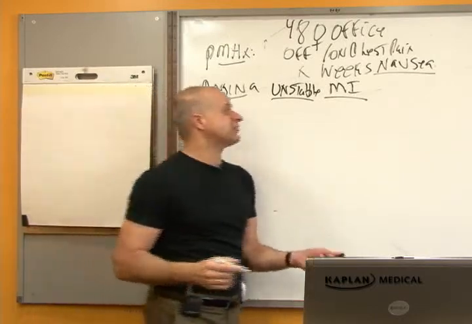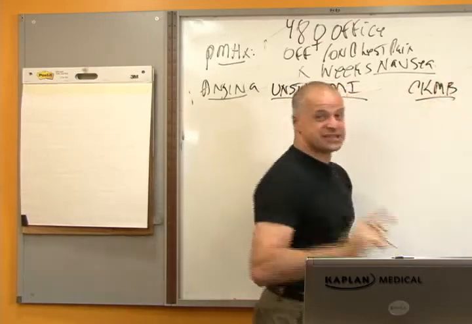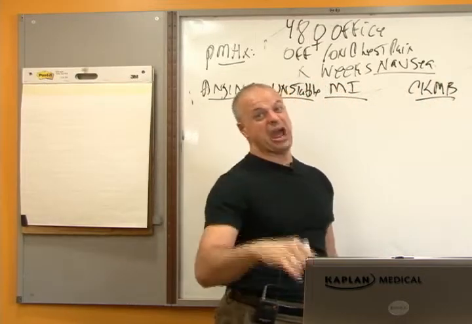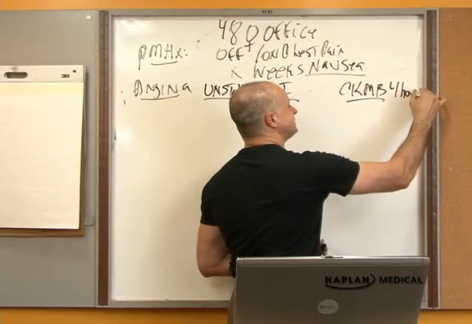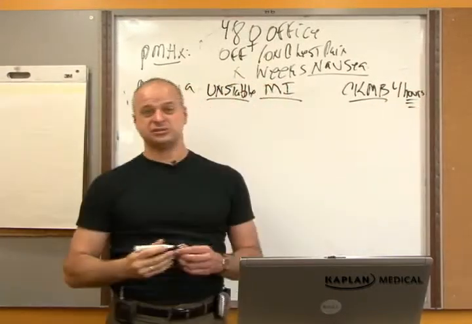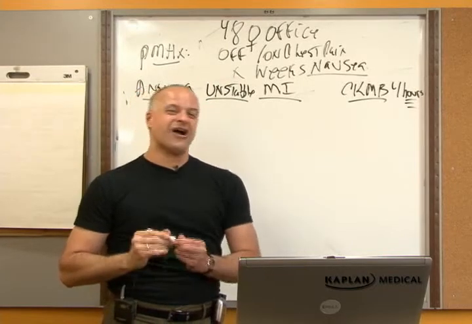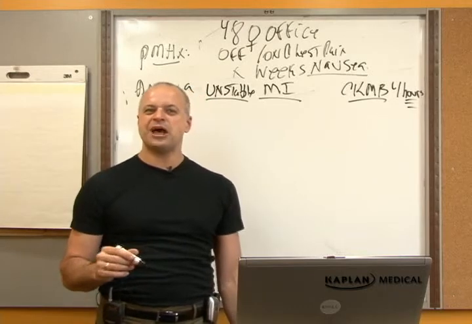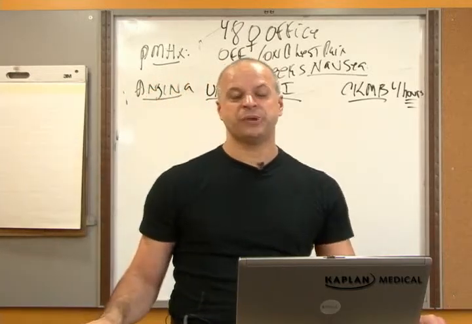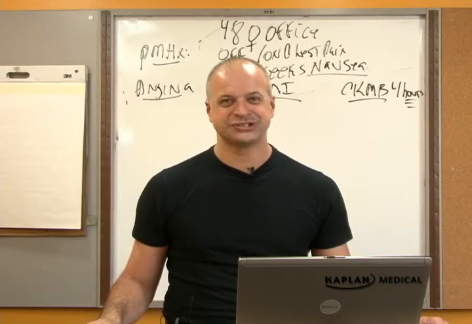And how long does it take for troponins and CKMBs to begin to elevate? 3 to 4 hours. And it doesn't reach its peak for 12. So I might not be able to tell for 12 hours. Well, up to how many hours after the onset of chest pain are thrombolytics indicated for? 12 hours.